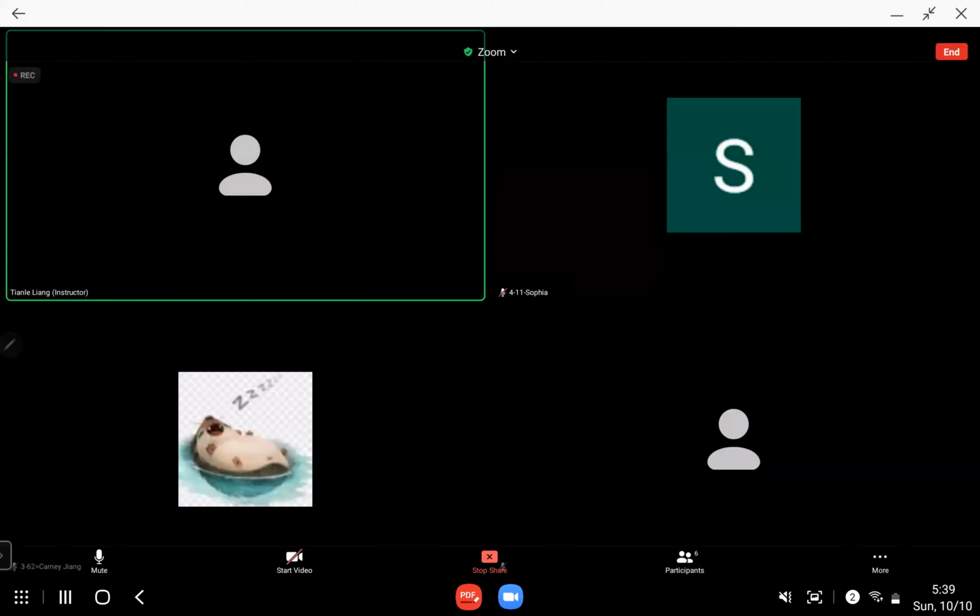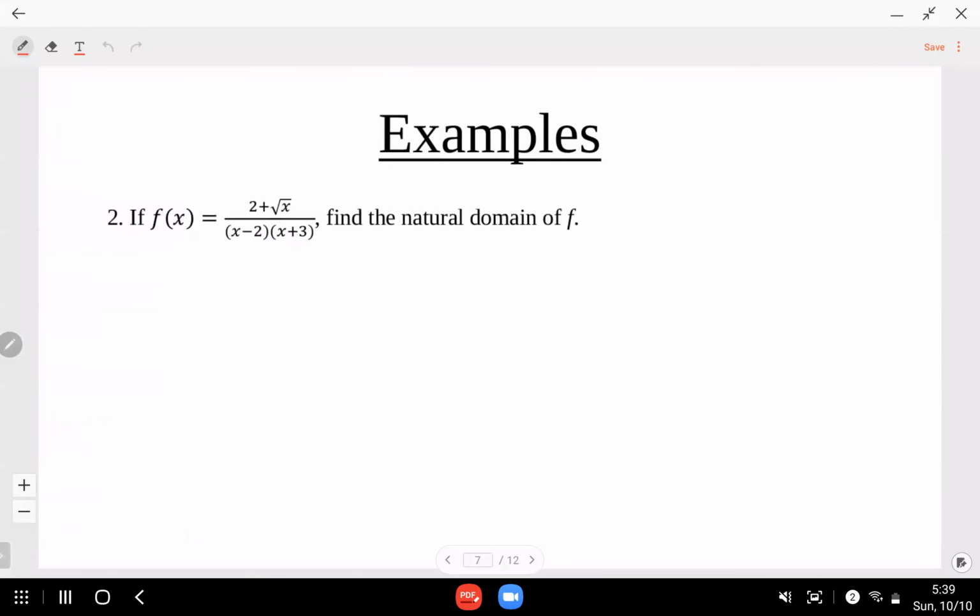Basically, we need our statement here: domain of f equals x is a part of set R, such that x is greater than or equal to 0. That's the easiest thing we can do.